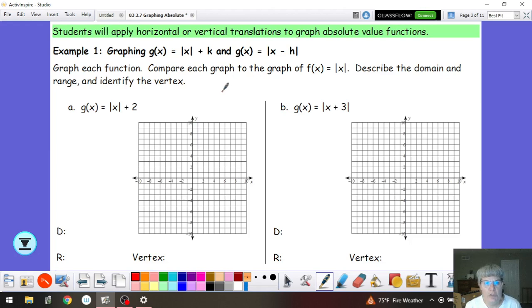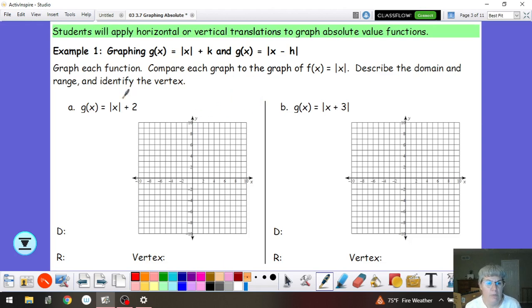Graphing each function, compare each graph to the graph of f of x equals absolute value of x, describe the domain and range, and identify the vertex. Transformations of absolute value graphs work much like they did for the parabolas when we had f of x equals x squared.